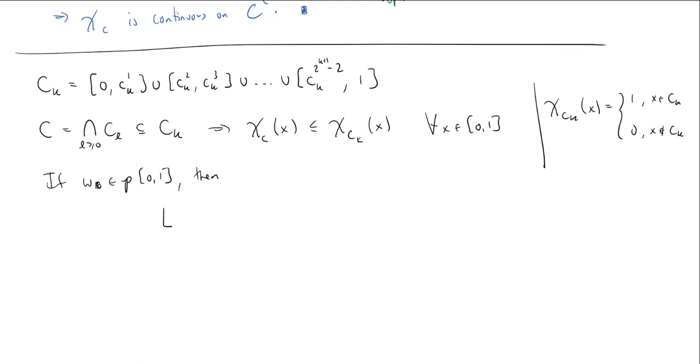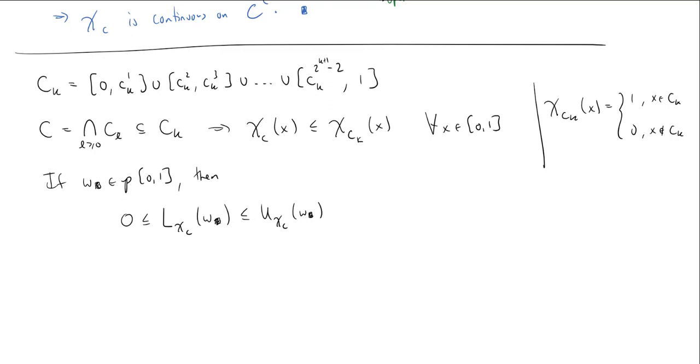If I take the lower sum for chi_C and evaluate it on this partition W, well, first, because the value of the indicator function is always 0 or 1, I know that the lower sum is always going to be at least 0. No problem there. I also know that the lower sum is always bounded by the upper sum.